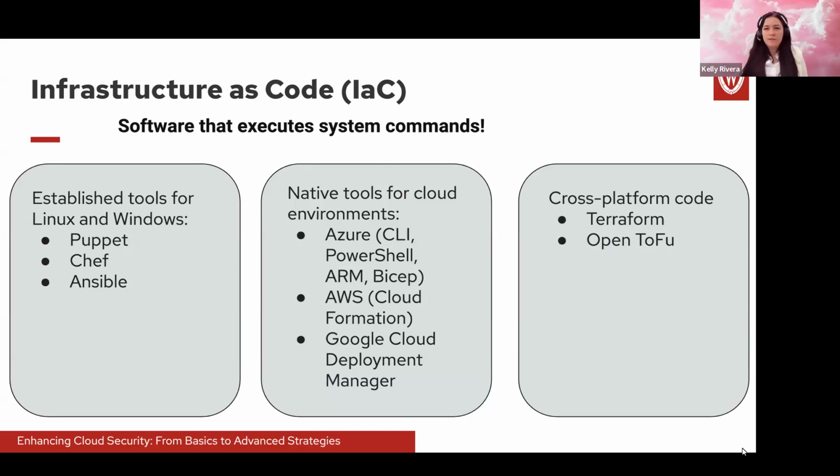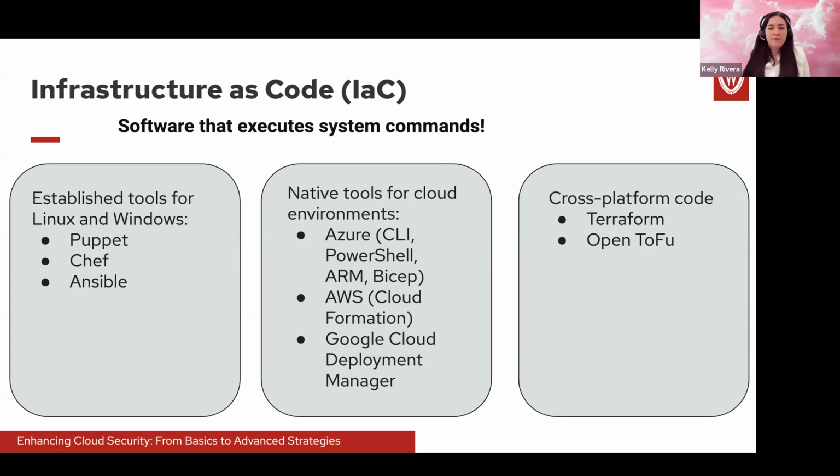Software that executes system commands. The code that configures systems, environments, or resources is not procedural or object-oriented. It maintains state. There are tools for all your provisioning needs. Puppet, Chef, Ansible are great for configuring Linux or Windows VMs. Each cloud provider offers native tools to configure cloud environments.